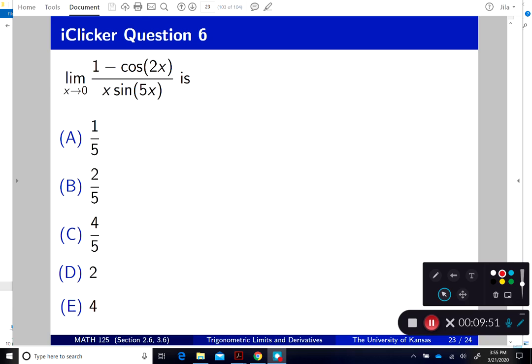How do we go about this? Well, we established that we like to convert cosine to sine, to use that other formula.